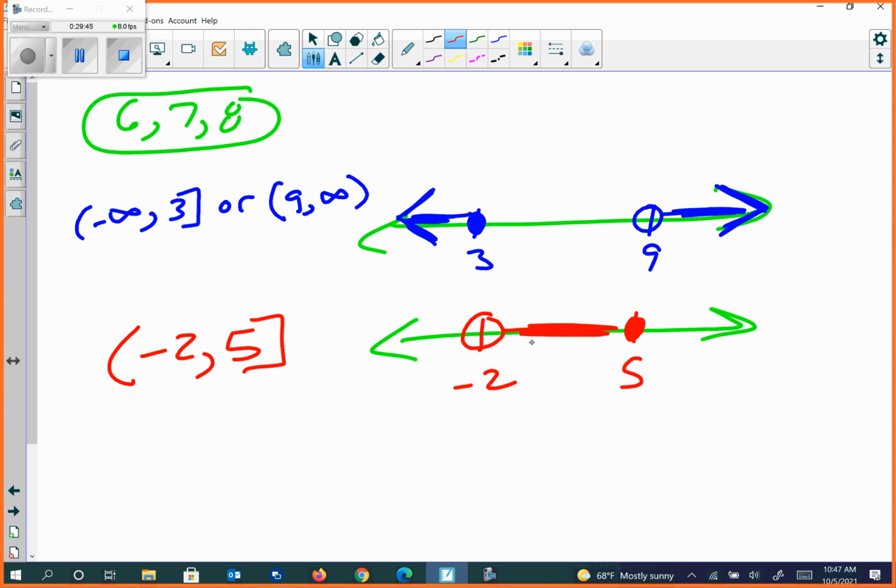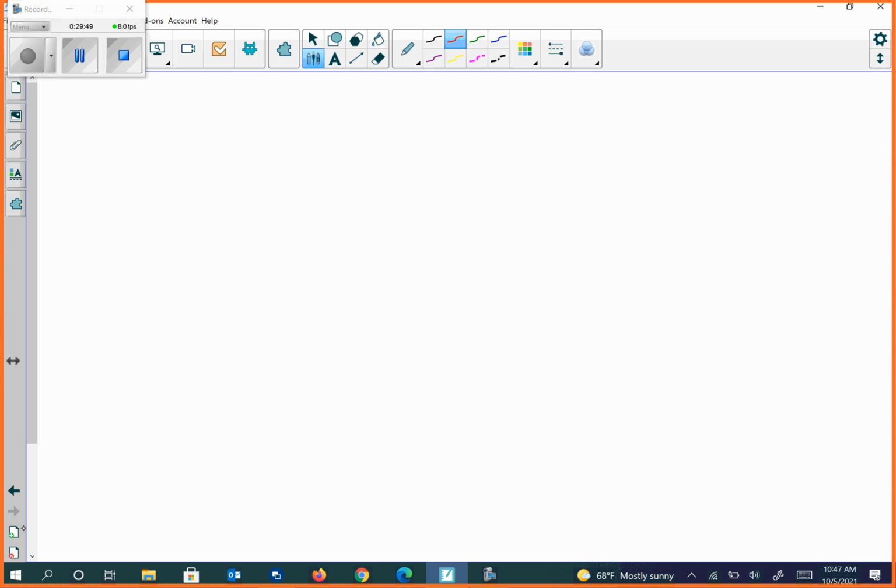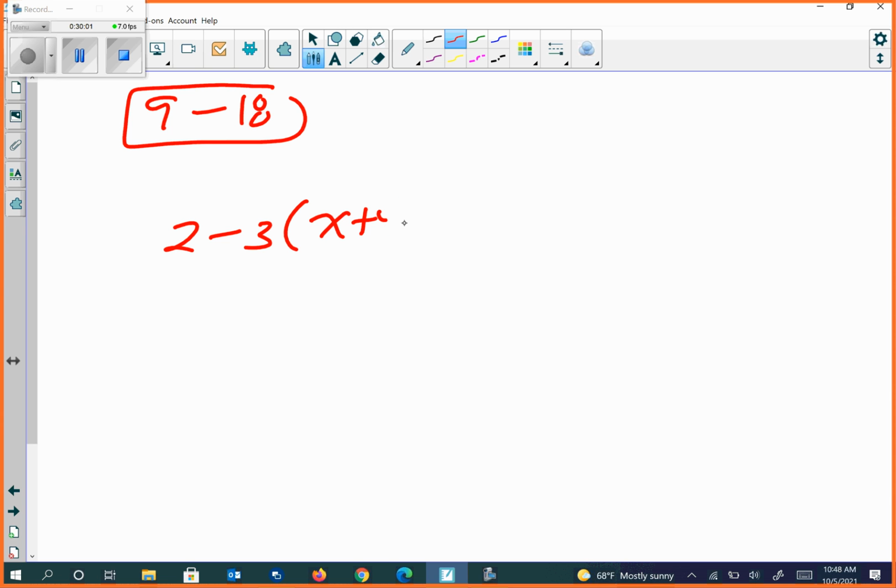The next problems that you'll see, so it's basically problems 9 through 18, you might have something like this: 2 minus 3x plus 4 is less than 5.